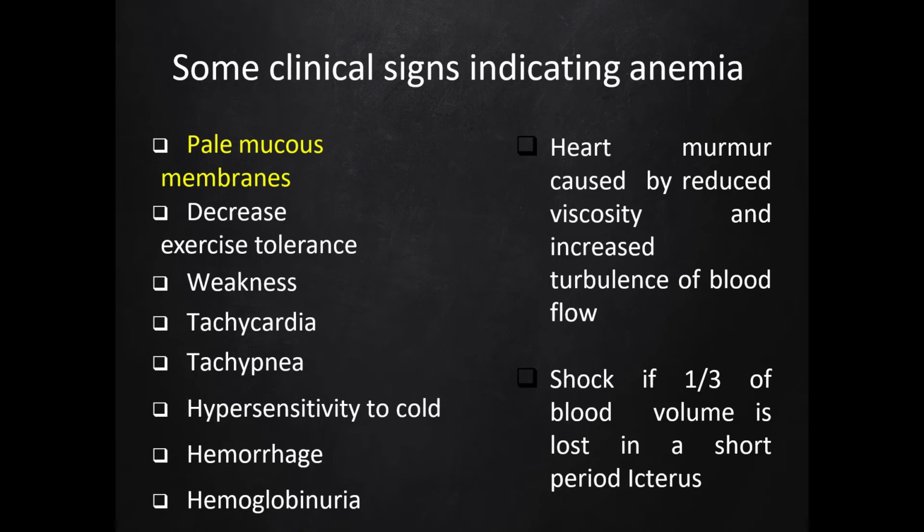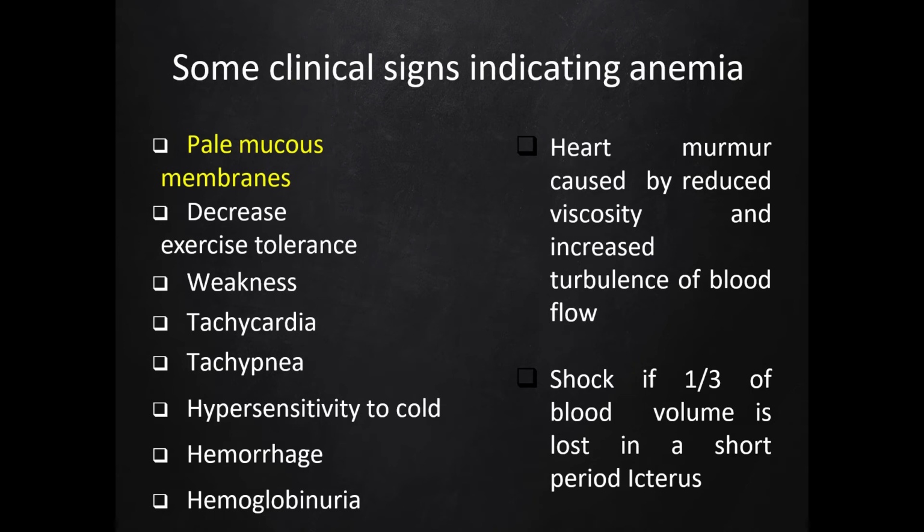There is shivering, and there is hemorrhage, and also hemoglobinuria, meaning in your urine you can see a red coloration. So the hemoglobin is present in the urine. And since there is tachycardia and tachypnea, there is also a heart murmur, which is caused by reduced viscosity.